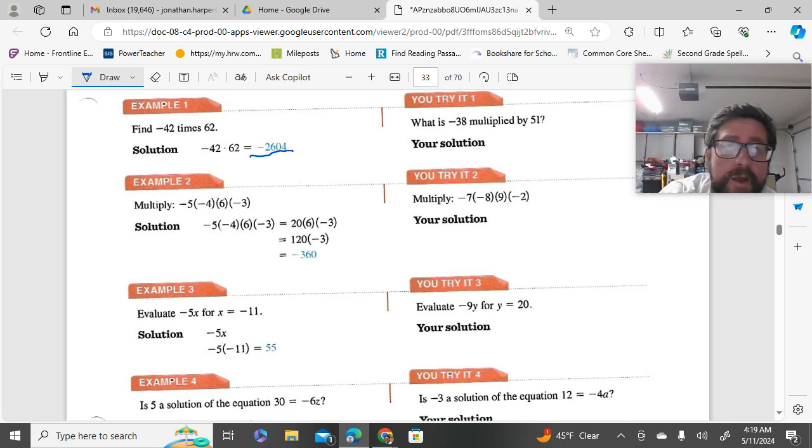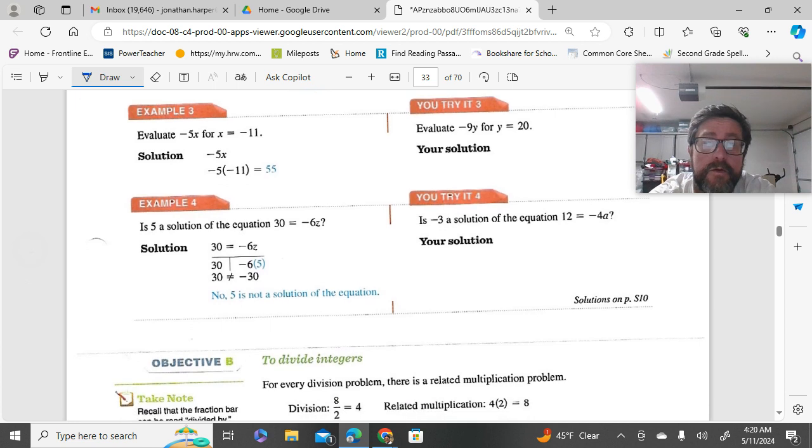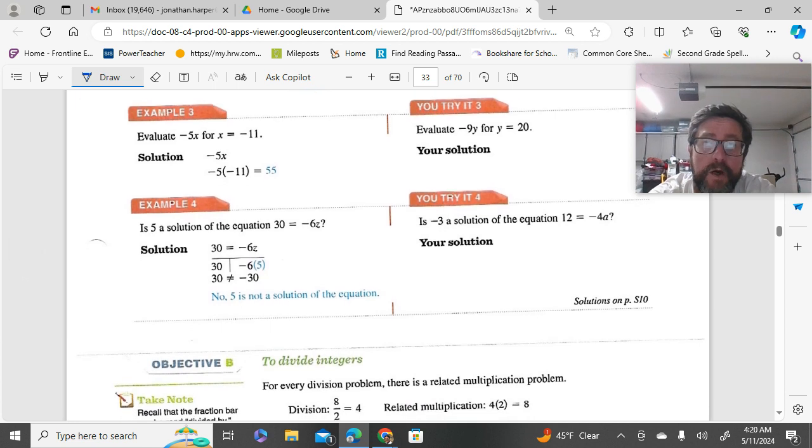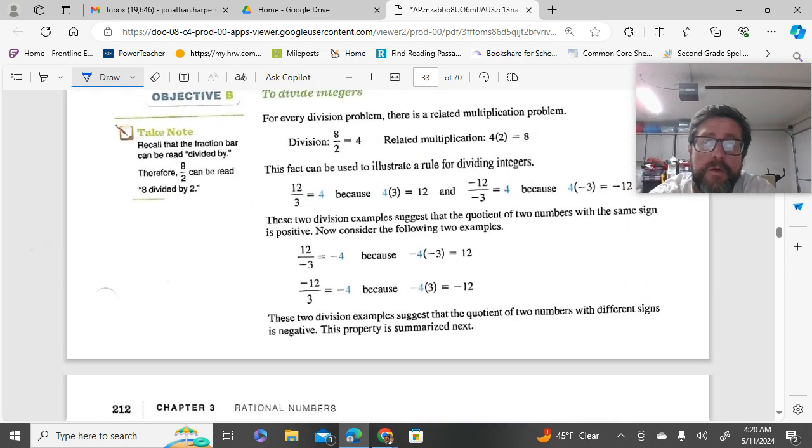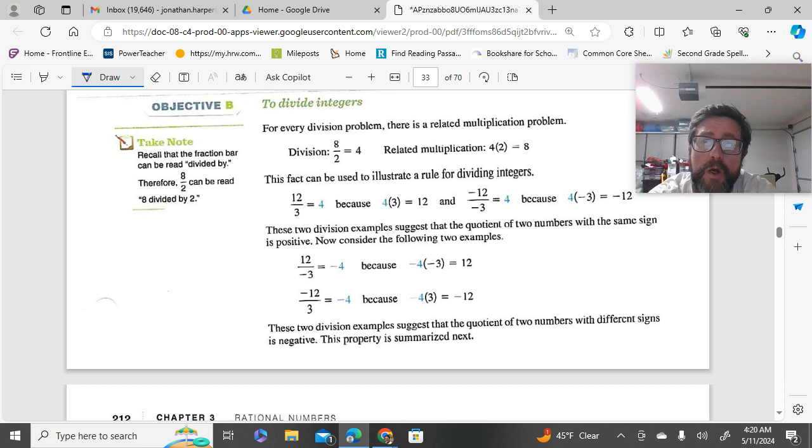When you're getting into math this big, it's simpler just to use the calculator. And you have made it all the way to chapter 3. Let's pause it and make sure you get all of these.